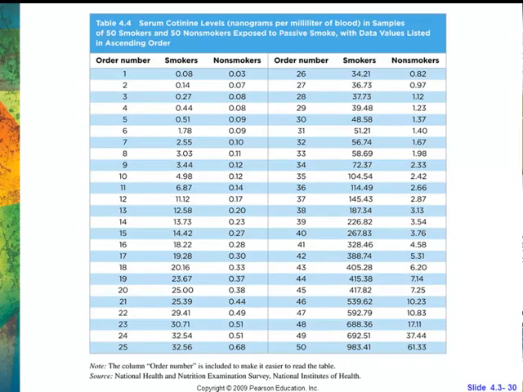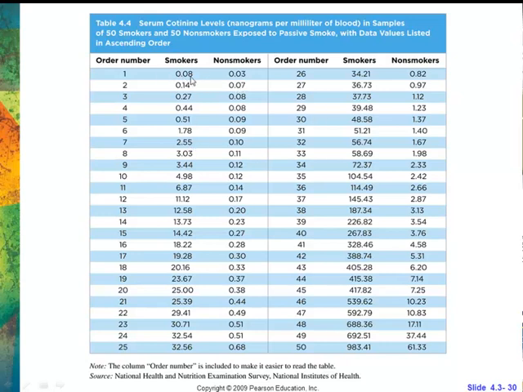And so here's a big long list of numbers. We have 50 smokers and 50 non-smokers, and they are looking at cotinine, which I had explained to me in nanograms per milliliter. They had them in order here.